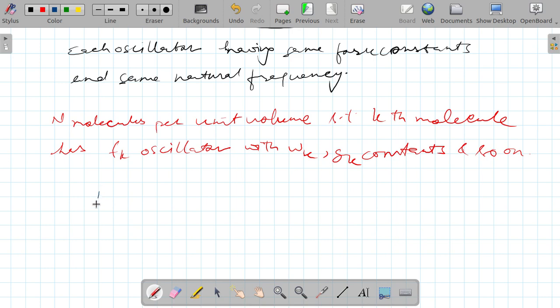then the total polarization can be written as a summation over k, Ne Fk xk.